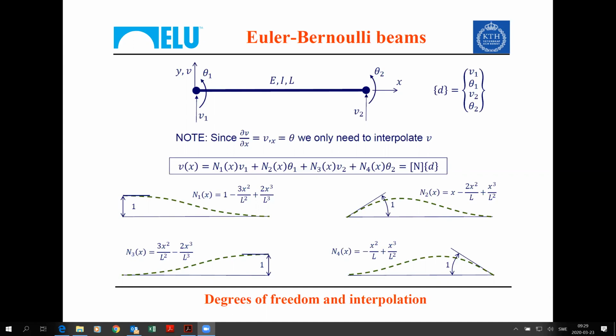So we have v of x, which can be expressed as N1 of x times v1 plus N2 of x times theta 1 plus N3 of x times v2 plus N4 of x times theta 2. So now the interpolation of v contains not just v at the nodes, but also theta 1 and theta 2, which are the derivatives of v at the two nodes.